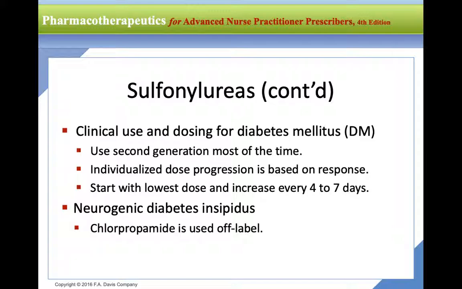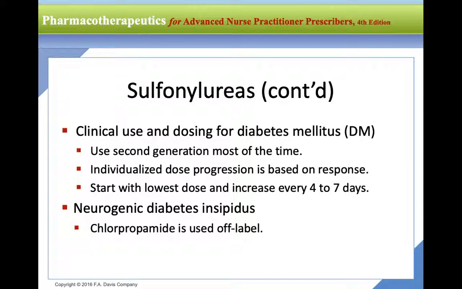Clinical uses: we use the second generation drugs. The first generations aren't even on the market anymore, so you really don't have to worry about those. Individualized dose progression is based on response. Just so you know with the dose, you get 80% of your response from the medication at 50% of the dose. So we'll take glipizide as an example.